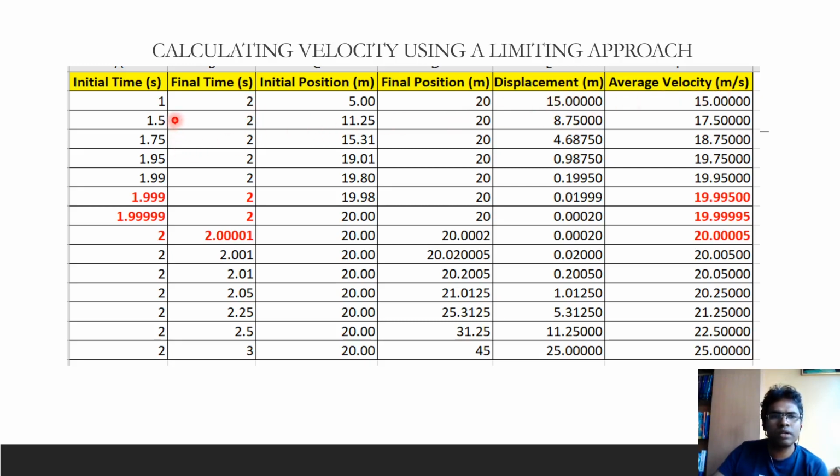Now if you look at the times that are just before t equal to 2 seconds, as they approach very close to t equal to 2 seconds, the average velocity as a number is not changing much. These are all stuck around 19.9995. The same thing happens if you take time which is after our target time, 2 seconds.